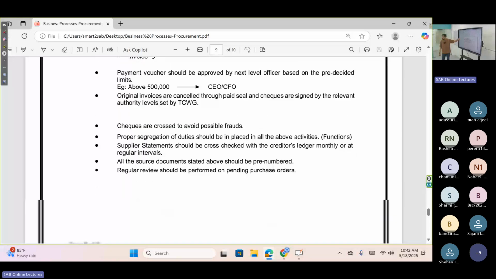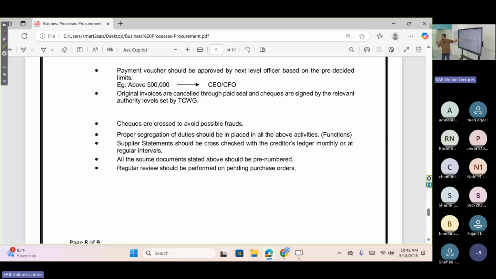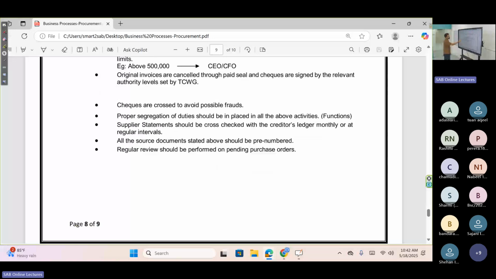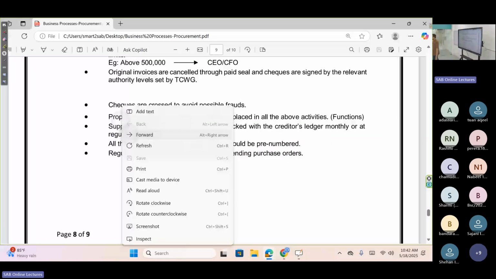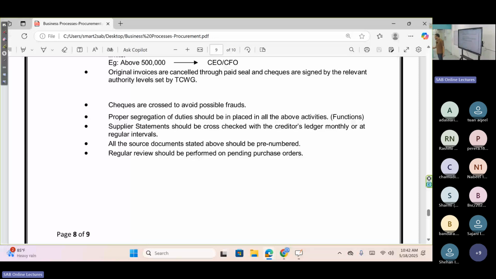Cross checks. Proper segregation of duties should be placed in the above activities and functions. So you can see that for every internal control, each and every activity, the organization should place the segregation of duties control. That is the most important control.